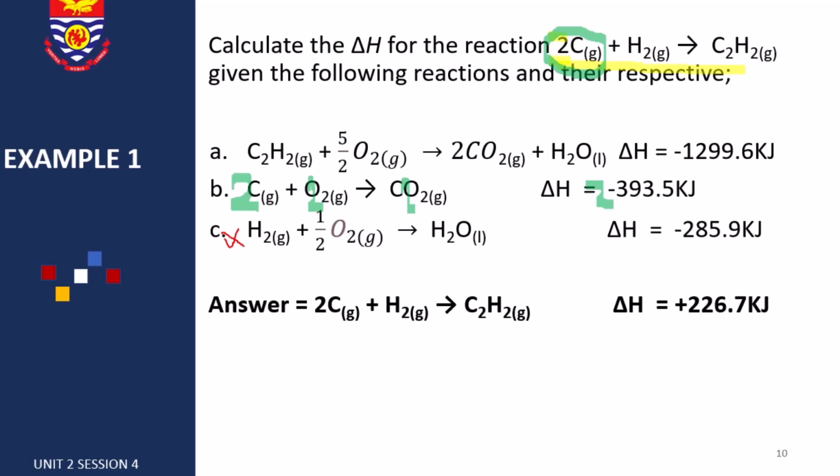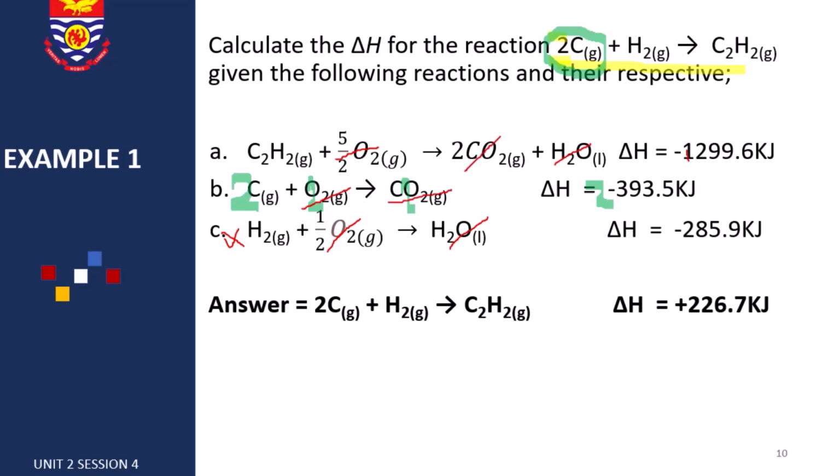So equation 1 or equation A, we are reversing it. Therefore, the sign also changes to positive. So at the end of the day, oxygen and this oxygen, when you reverse the equation, will cancel, as well as the water molecule and the water molecule. Carbon dioxide and carbon dioxide will cancel.